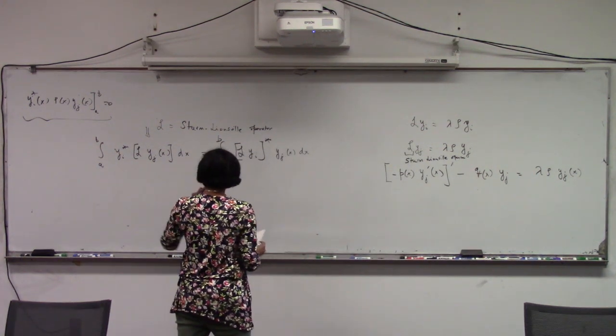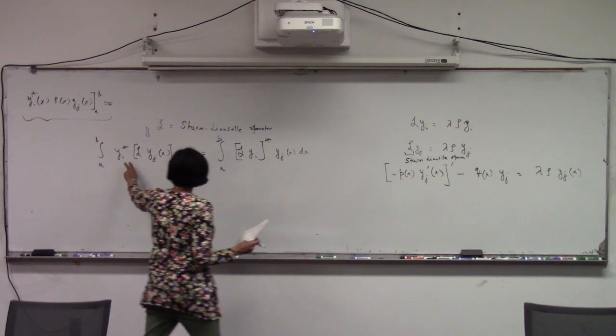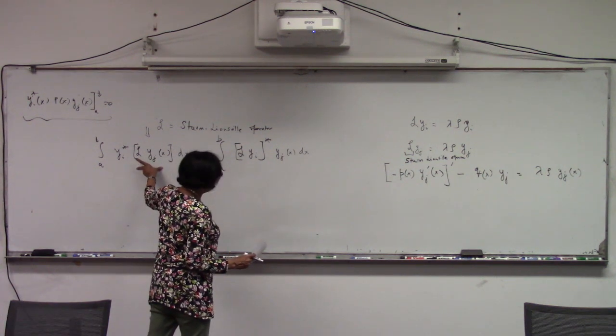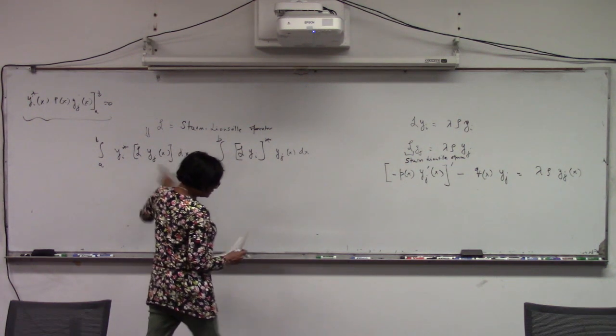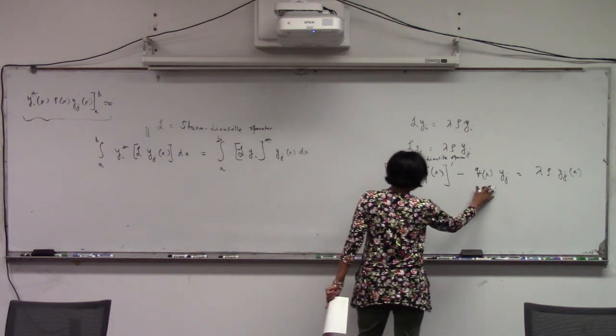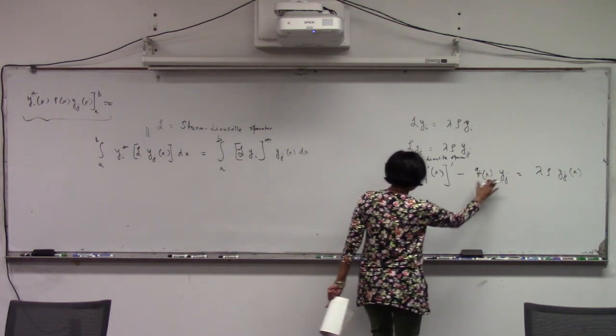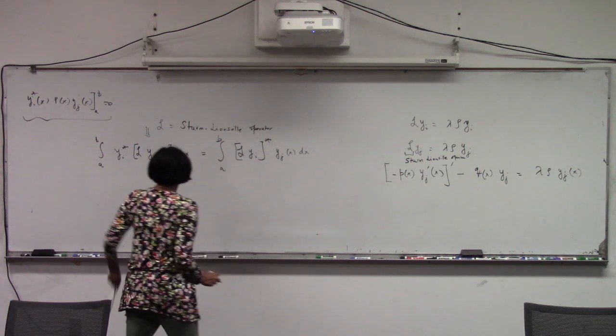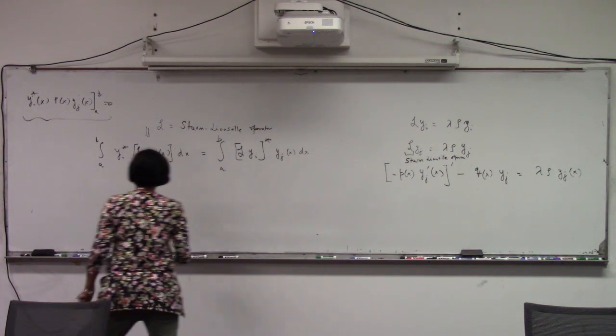All right, so what do I have to do? I have y_i operating on L y_j. So this whole thing is the L operator. The L operator also has q of x, so we have to do all that. Let's look at the left hand side only.